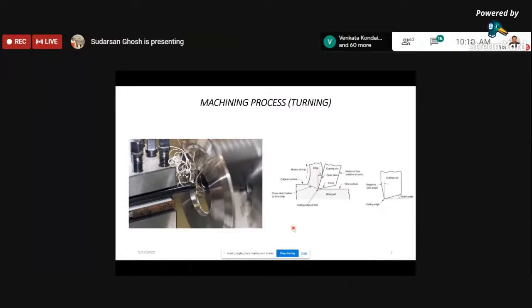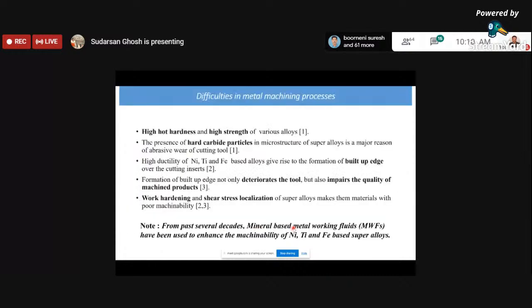In the picture, everything appears to be very good. Then obviously the question arises, what is the issue? If we give the right geometry to the cutting tool, we can definitely machine materials. What is the problem? Now we have to understand what the issues are in such metal machining processes.